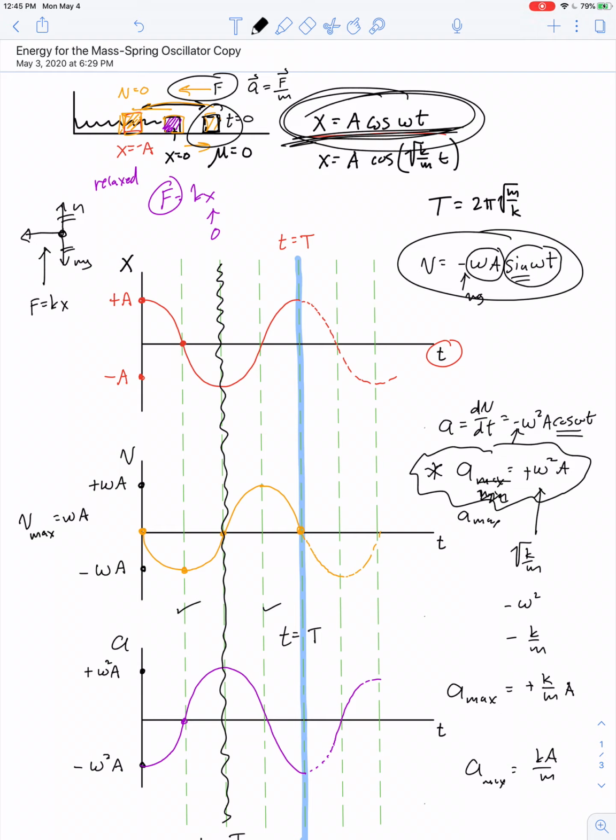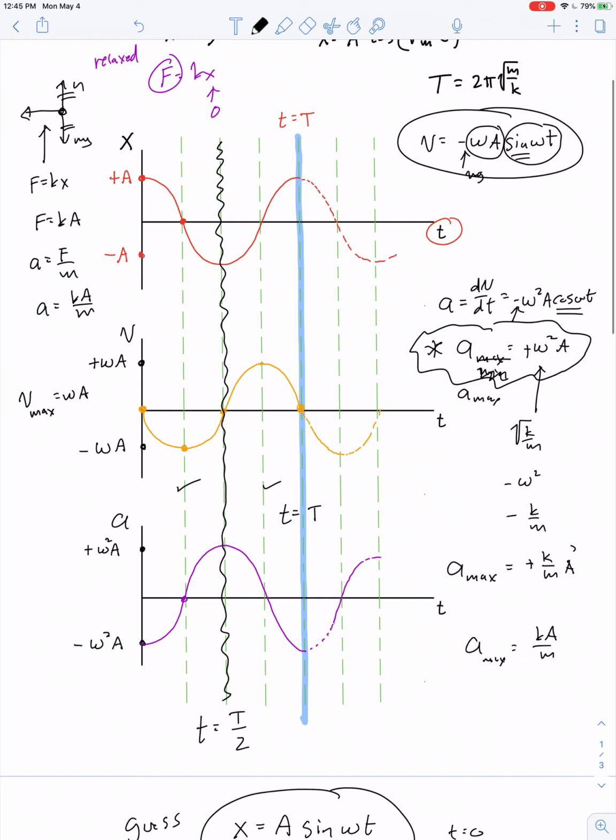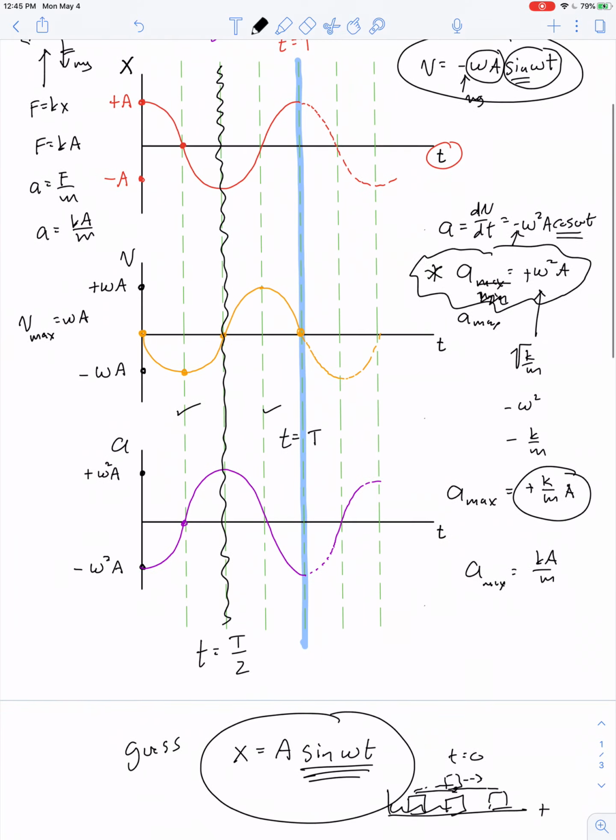However, the position at this instant is A, so F equals kA, and acceleration is force divided by mass, so acceleration should be kA over m. Yeah, that's exactly what we have here, kA over m.